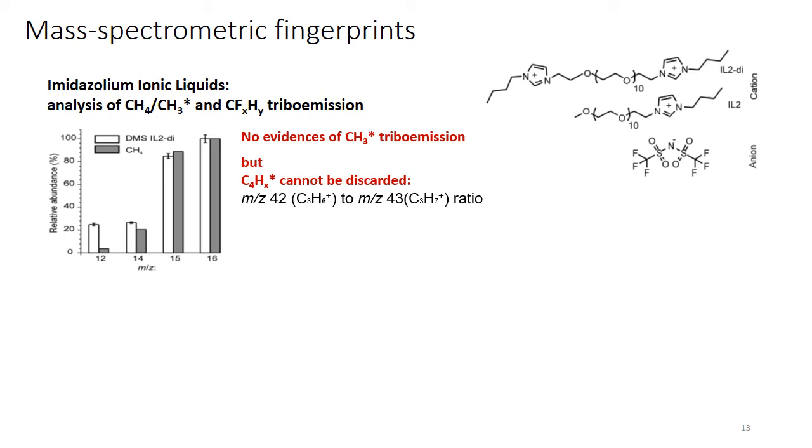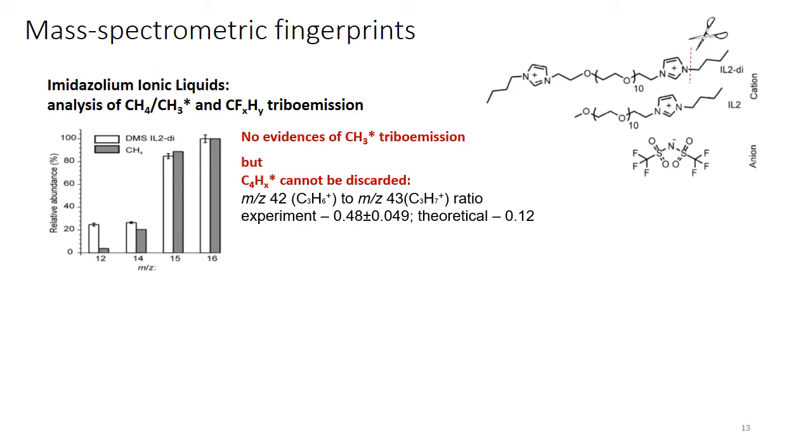This also comes from the comparison of the channels 42 and 43, which correspond to various propyl ions, and experimentally we found that the ratio of 42 to 43 was 0.48 when the theoretical value should be 0.12.